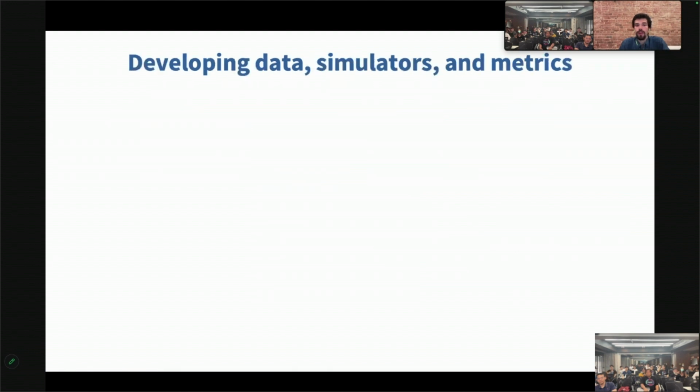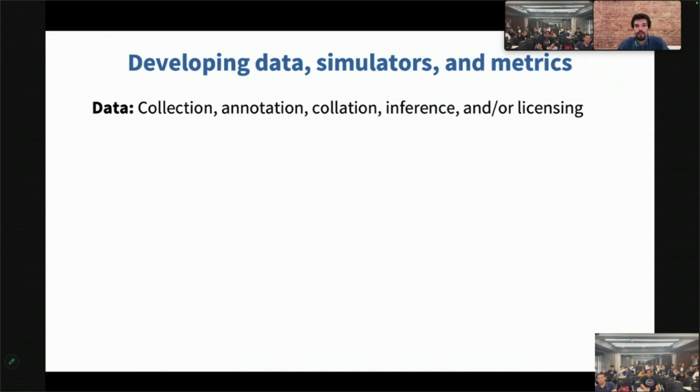So a part of developing this domain understanding involves getting a sense of what data is out there. Data, simulators, evaluation metrics may already exist. They may need to be created. You may not have data sets. On the data side, creating data can mean different kinds of things. It can mean data collection, also just annotation or collation.